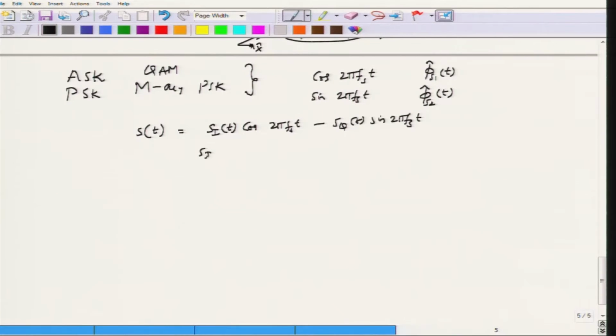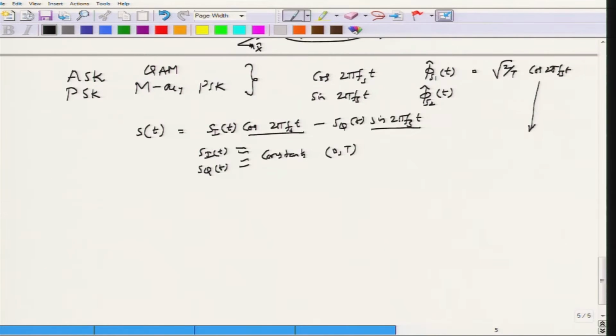As long as si of t and sq of t are nearly constants over the time duration 0 to T, then we know that cos 2 pi fct and sin 2 pi fct are essentially perpendicular to each other, right. I know that phi s1 of t is given by square root of 2 by T cos 2 pi fst.